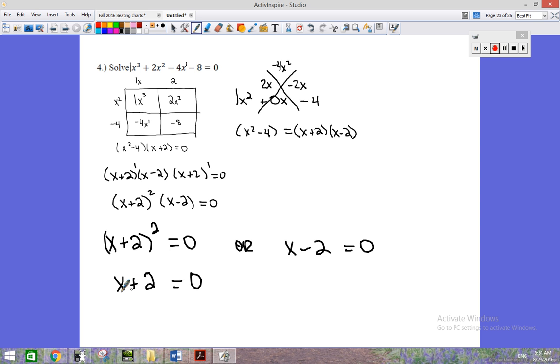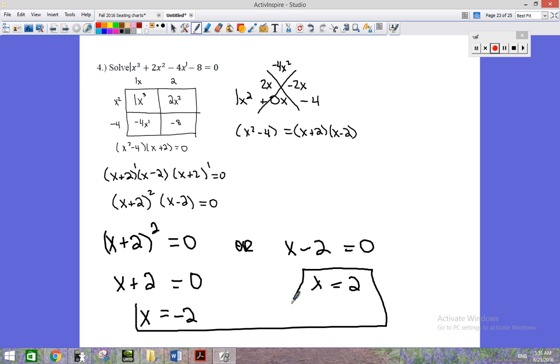So this is just a one-step equation where you subtract 2 from both sides, and I get x is equal to negative 2. Well, this is a one-step equation where you just add 2 to each side, and I get x is equal to 2. So for this problem that they gave me originally, I have 2 solutions.